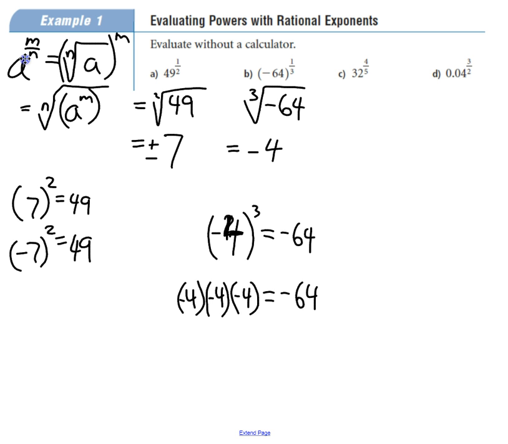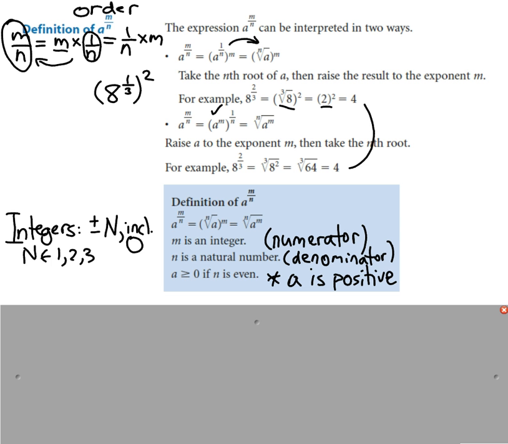I hope you see that if m is 1, it actually makes it a lot easier. It's just the root, and m won't change that. Raising something to the exponent 1 won't change that. So I would really recommend that of these two exponent laws, this would be the one that I would focus on almost exclusively, because even if the numerator is 1, you can still apply this law, and in both cases rational exponents involve roots, which are radicals.